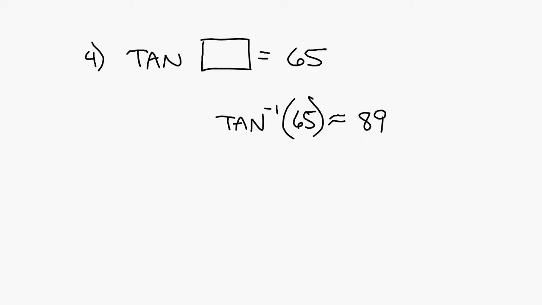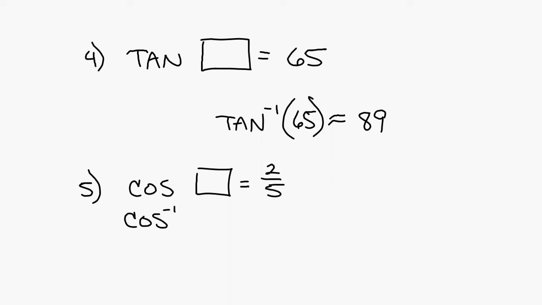Number 5 asks for cosine of what number is equal to 2/5. So that's, in the calculator, cosine -1 of 2/5. Second cosine. That's 66.4.